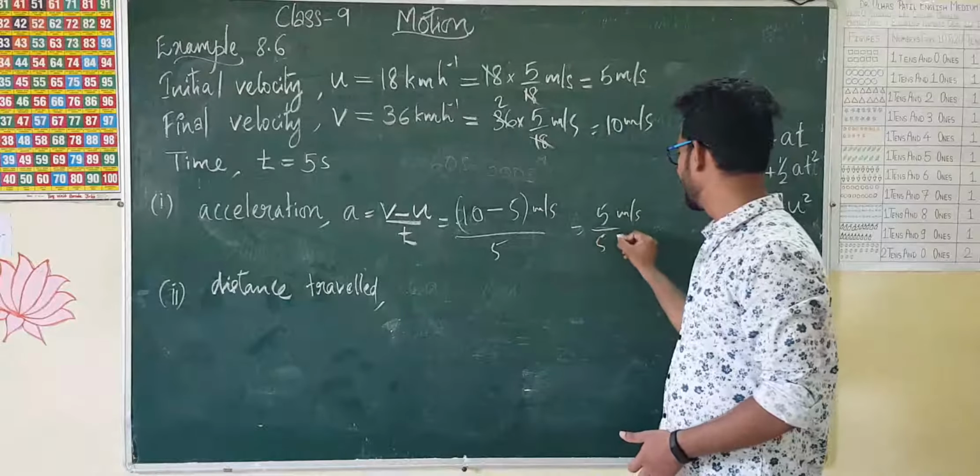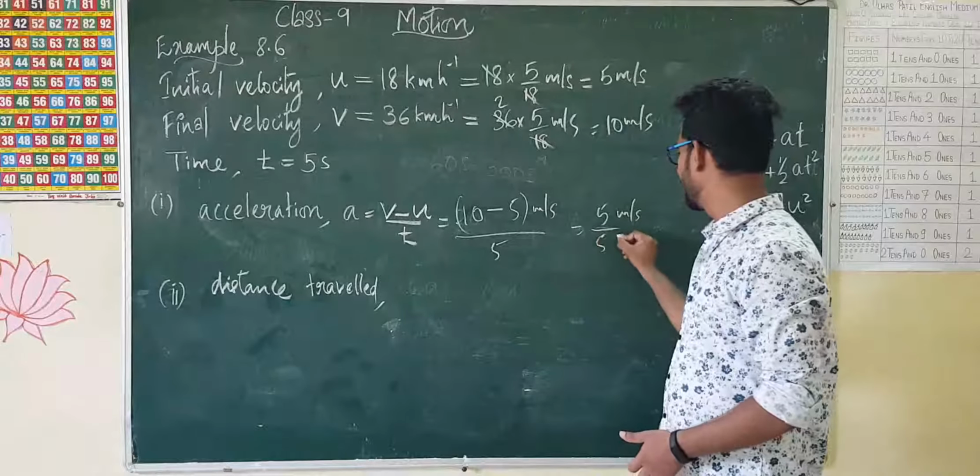So for the distance traveled, 2as is equal to v square minus u square. Therefore s equal to v square minus u square divided by 2a. If you use the second equation also, your answer will be correct, but better use the third one.